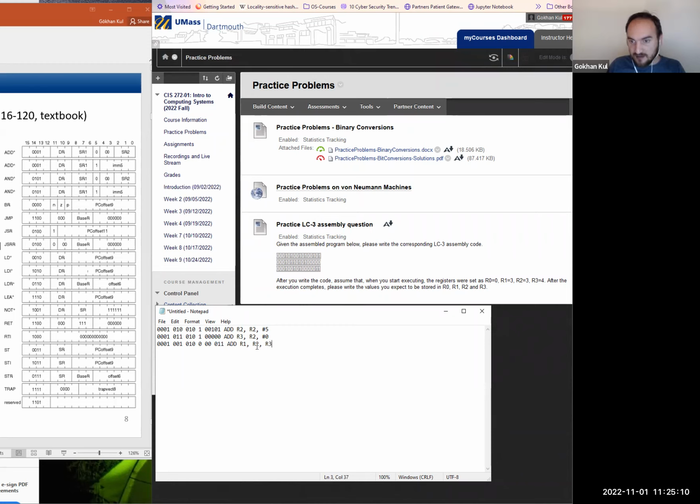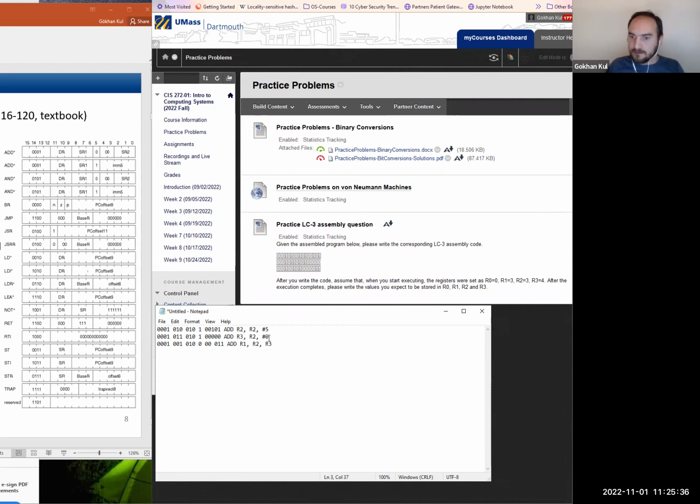So I'm going to add R2 and R3 and write into R1 for this instruction. These 2 zeros are unused, so we are not doing anything with them, because bit 5 here is 0. So my instruction actually corresponds to this instruction.